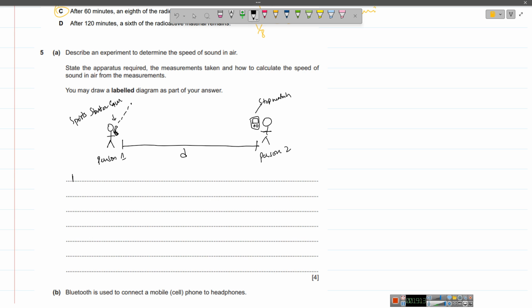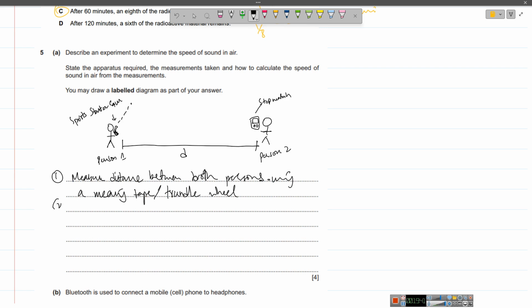So measure distance between both persons, right? Using a measuring tape or trundle wheel, right? The wheel with the measurement tool on it, right? Whichever way you can suggest.